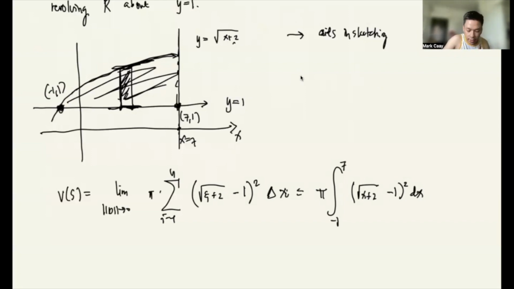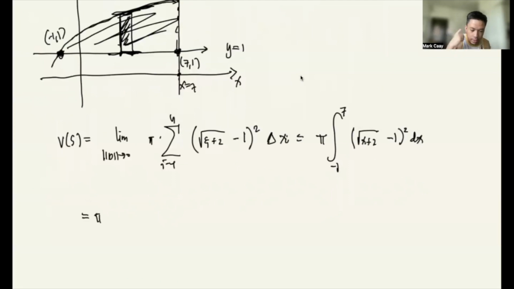So, anong mangyari dito? This is equal to pi times the integral of, pag isi-simplify natin to, so basic algebra na lang to, x plus 2 minus 2 square root of x plus 2, plus 1. Tama? Try nyo yung i-simplify. Ito yung lalabas.